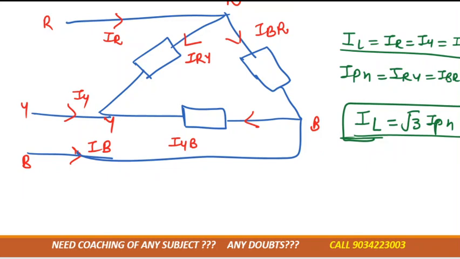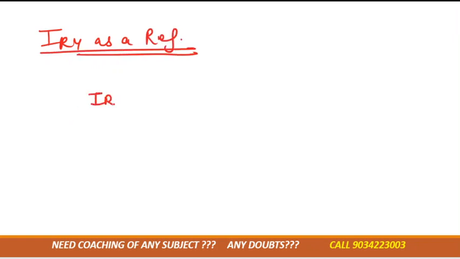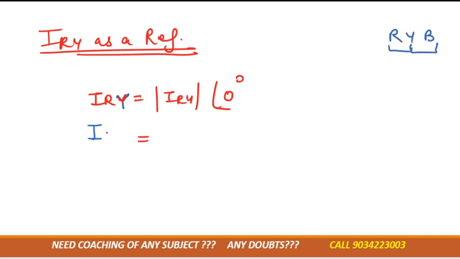So we'll take IRY as a reference. Then IRY angle would be 0, right? What is the next sequence? The first sequence is RY, the next sequence is YB, so it would be IYB and the angle would be minus 120 degree.